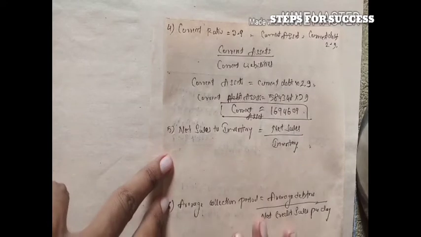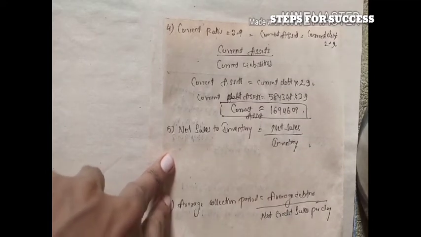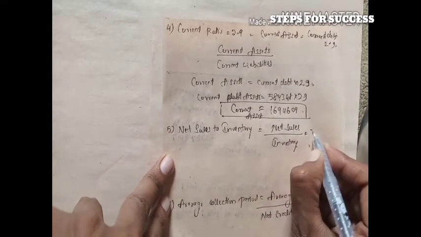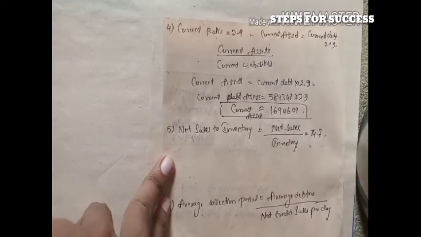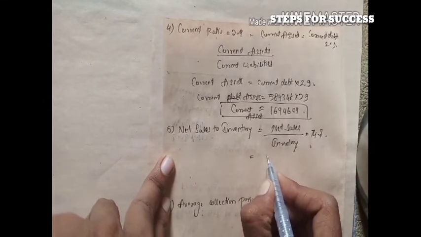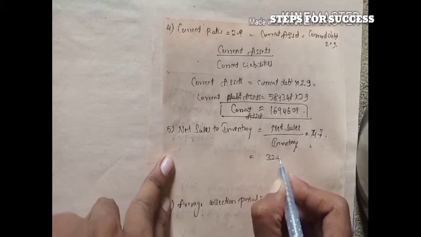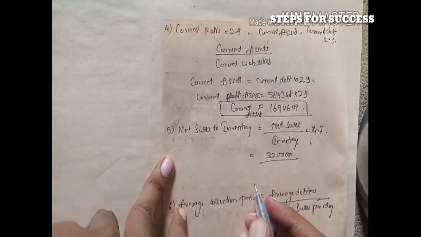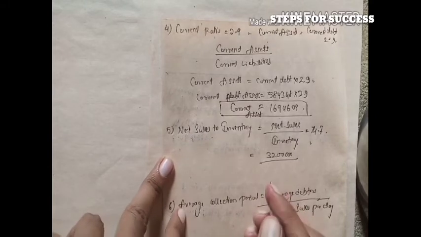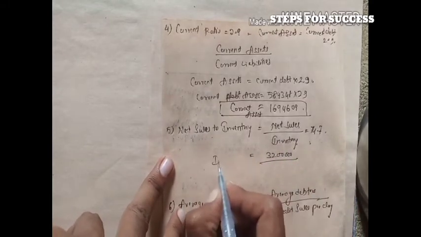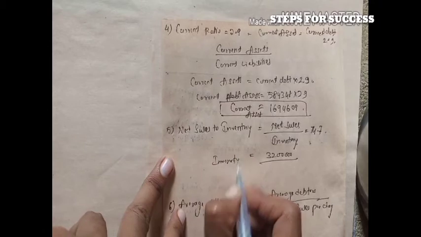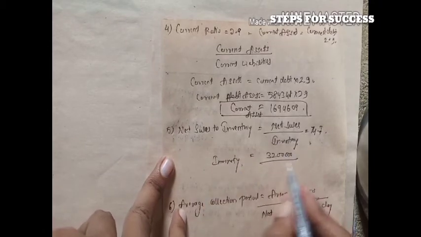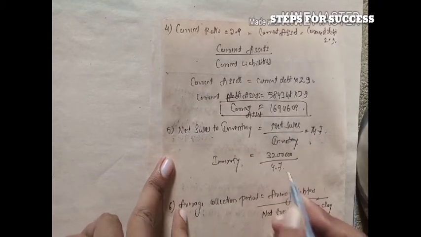Next, net sales to inventory given in the question is 4.7. Net sales is 32 lakh. With cross multiplication, inventory is equal to net sales upon 4.7.